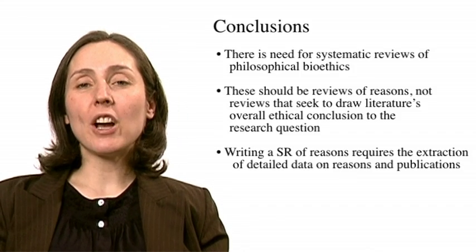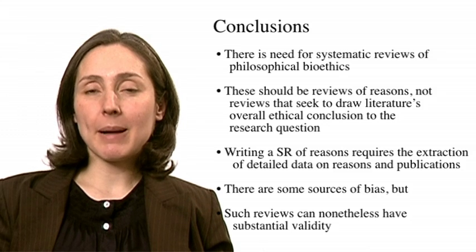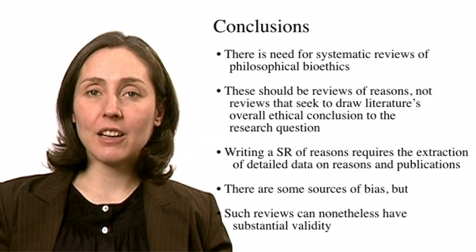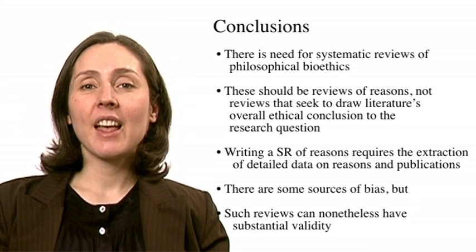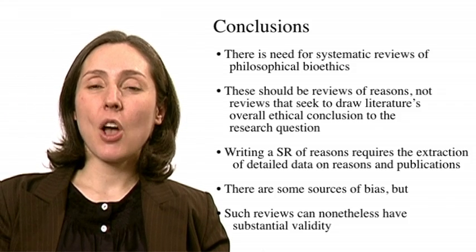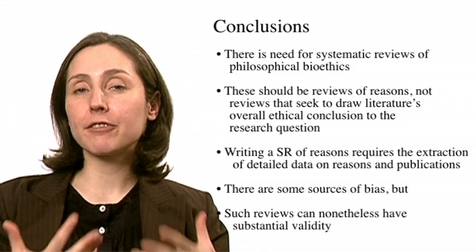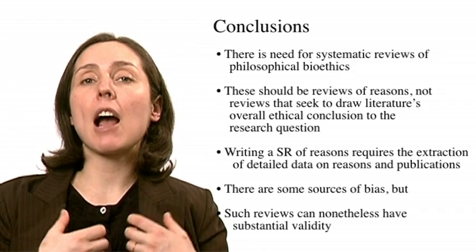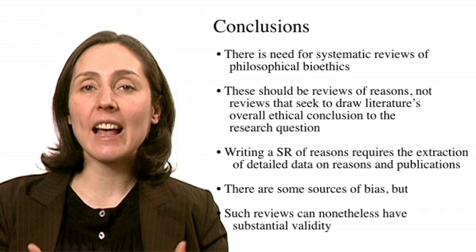To very briefly summarize these two short talks together, in the first talk, we argued that there is need for systematic reviews of reason-based bioethics, a point on which we agree with the McCullough team. But against the McCullough team, we think these should be systematic reviews of reasons, not systematic reviews that aim to derive the literature's all things considered ethical conclusion.